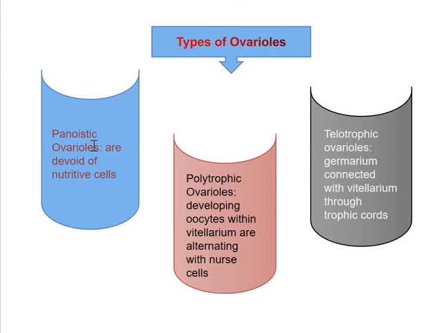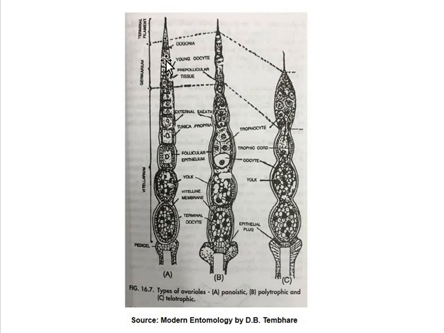The panoistic type of ovariole, here you can see in the diagram also, this A diagram is of the panoistic type of ovariole. In some insects, the ovarioles are devoid of nutritive cells, and the development of oocytes in the vitellarium takes place with the assistance of follicular epithelial cells only.